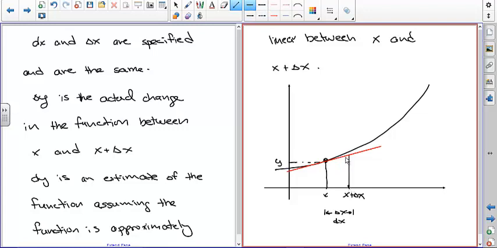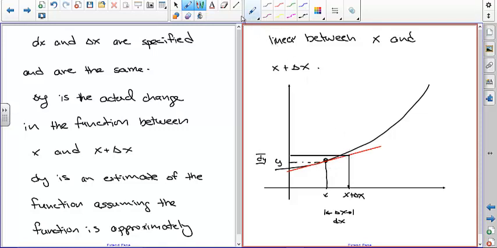Here, if I go to this curve, which is the straight line, what's actually going to happen is this little increment here is going to be dy, because that's assuming it's linear between here and here, which is not exactly true.